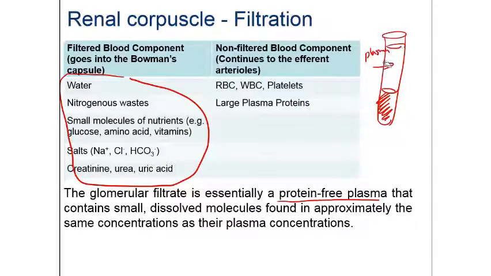And in the plasma you have a bunch of stuff that is dissolved: nutrients, waste products, as well as proteins. So if you take the plasma and you subtract the protein, that's essentially this list right here. So a lot of textbooks call the glomerular filtrate, the stuff that comes out of the glomerulus, a protein-free plasma.